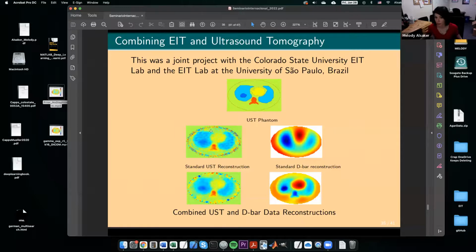So these are the types of images that we would get from the two different imaging modalities. But then we incorporate some EIT data into the ultrasound algorithm and some ultrasound data into the EIT algorithm. And these are the resulting images from the combined modalities. So you can see that we do get some sharper information that more closely resembles the original phantom.